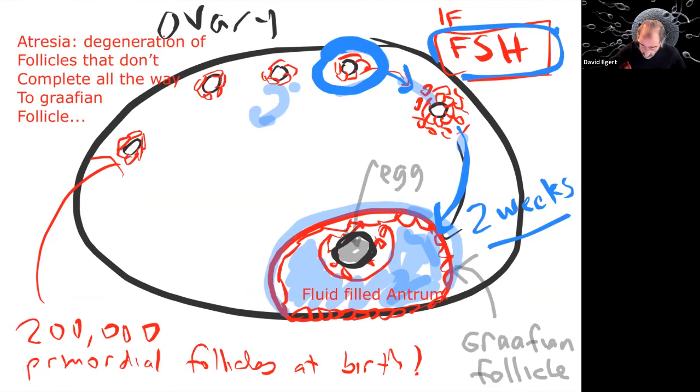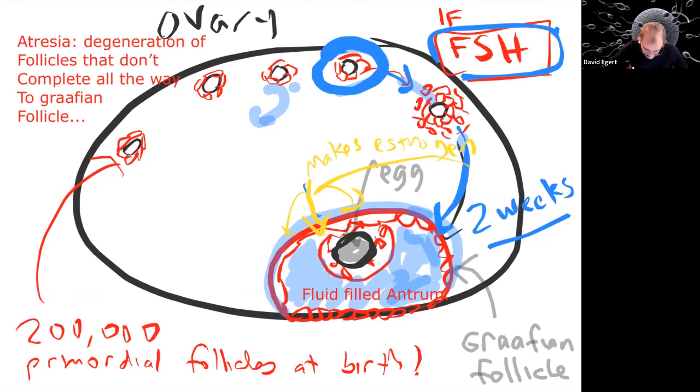So FSH is going to create this. This follicle is also making estrogen, which is going to be important. Let me write that in here. So this structure is making estrogen, and it's kind of trippy.